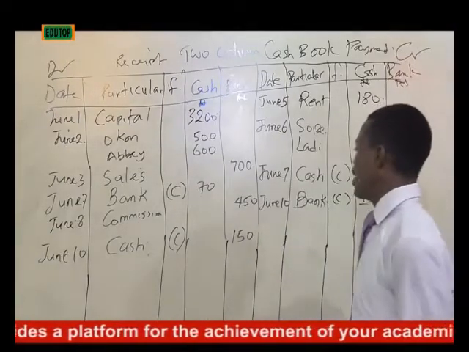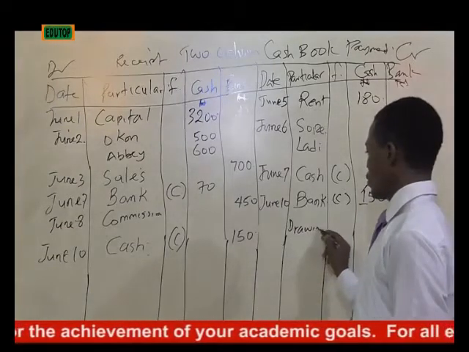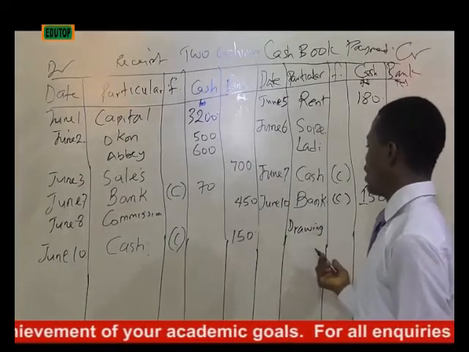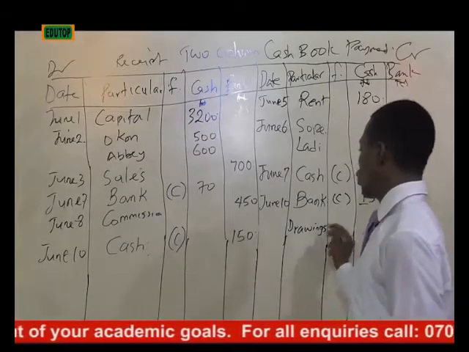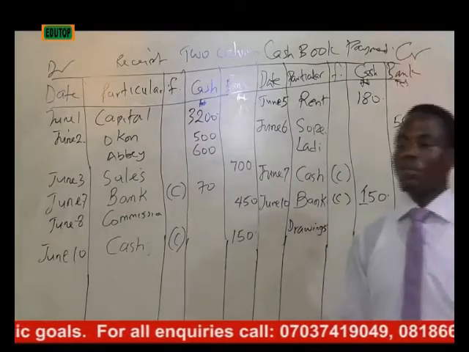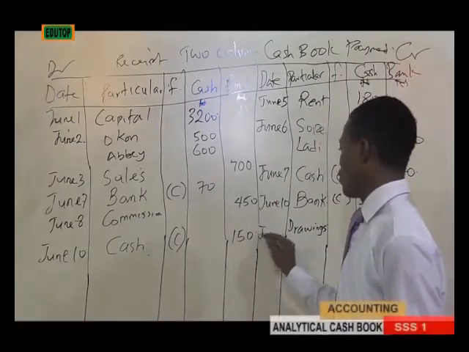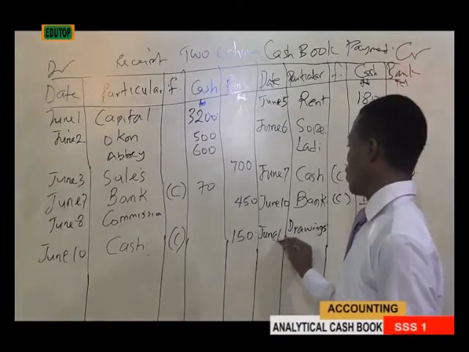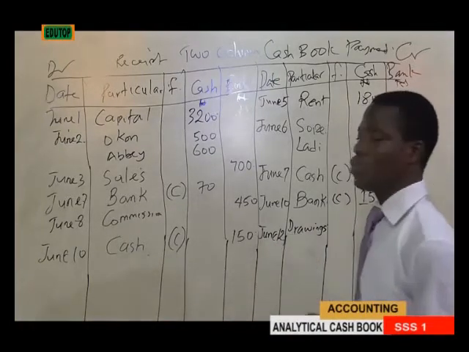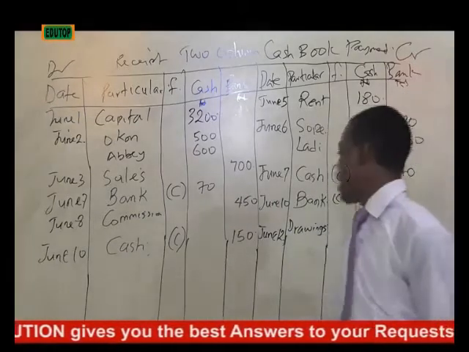You can call it drawings, because it is not for business use, it is for personal use. So the money is going out from the cash. So you write drawings. So withdraw cash from the bank.